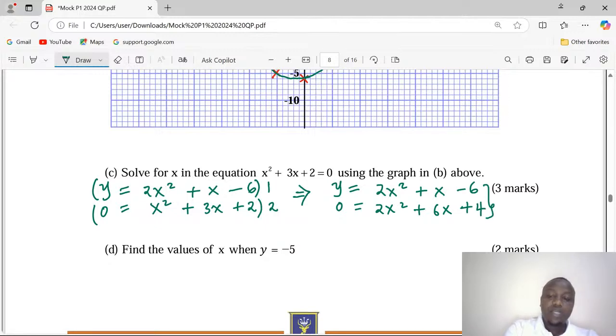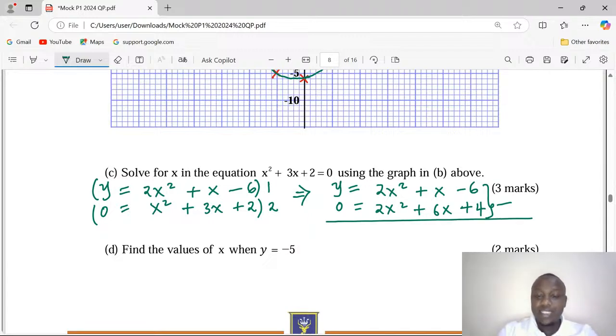Now you see we can reduce the equation because the coefficients are equal. This is going to give us y equals 2x squared minus 2x squared becomes 0, then x minus 6x becomes negative 5x, and negative 6 minus 4 becomes negative 10. So this is the equation that we are going to plot.